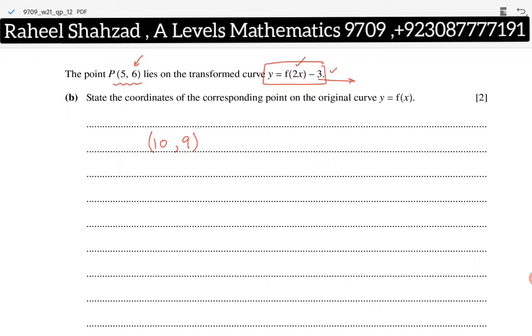You have transformed this graph 3 units down, and 2x means you have used a stretch with a factor of 1 by 2. After using a stretch factor of 1 by 2, it's 5. That means earlier it was 10. So 10 and 9 were the coordinates of the point on the original curve.